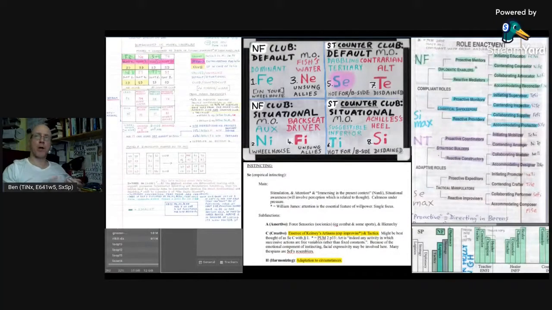So where this comes through in ENFJ is that they will use SE to advance a cause. And again, they're using SE for FE reasons.